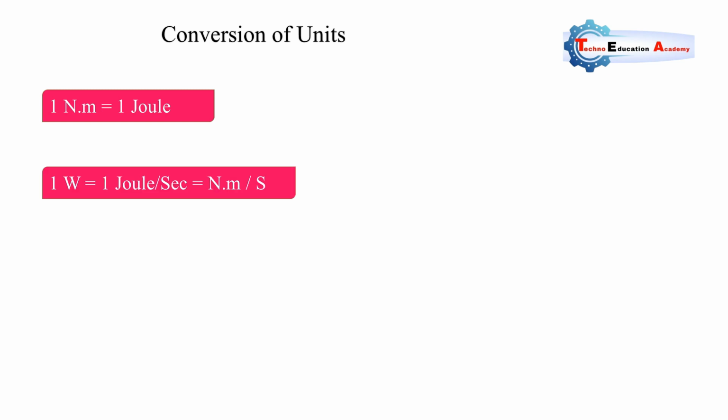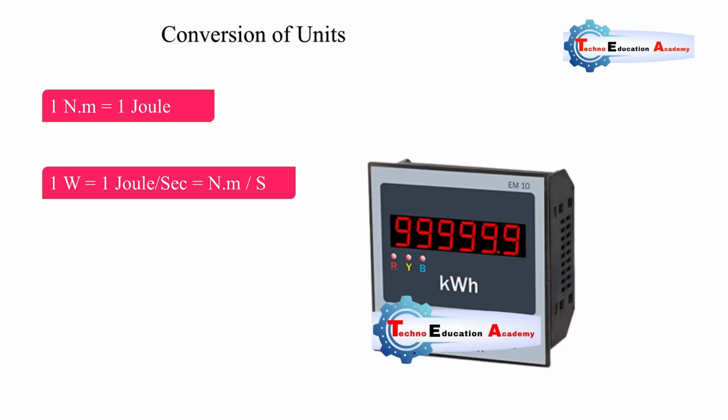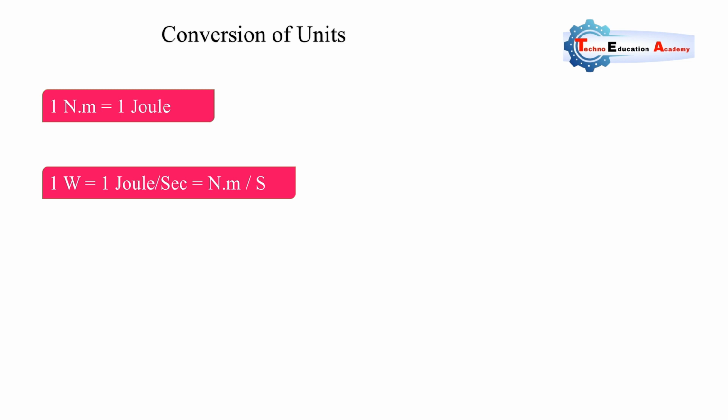Now 1 watt equals 1 joule per second, and we know that 1 joule equals Newton into meter. So 1 watt equals 1 joule per second equals 1 Newton into meter per second, and it is a unit of power. And in our day-to-day life we measure the consumption of electricity in kilowatt hour, because it depends on usage, how many hours we are utilizing the electricity.